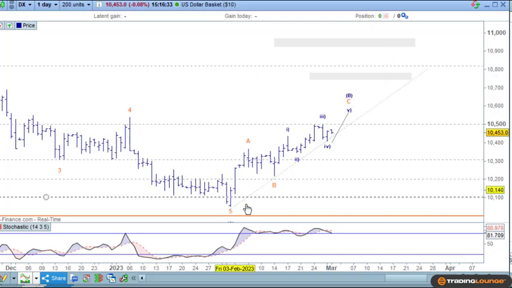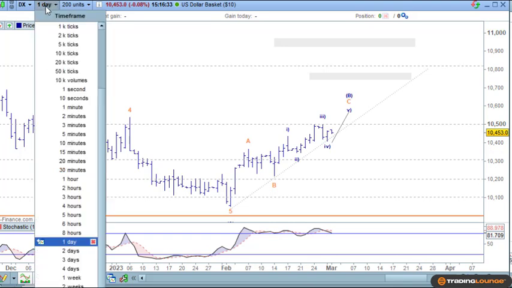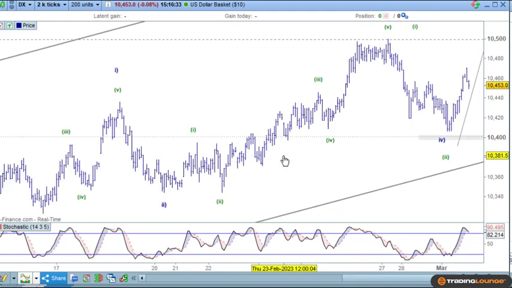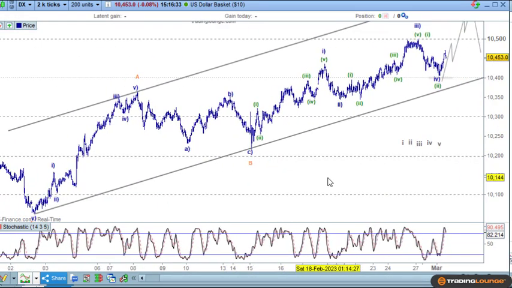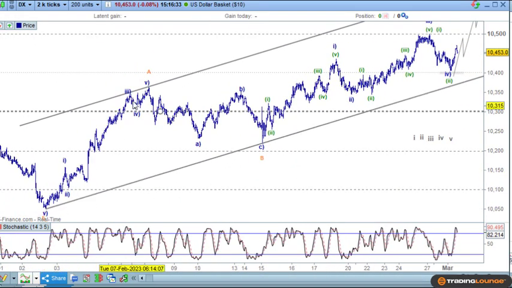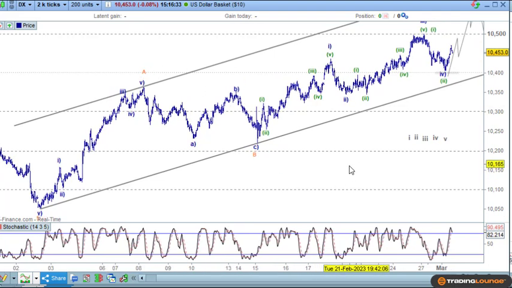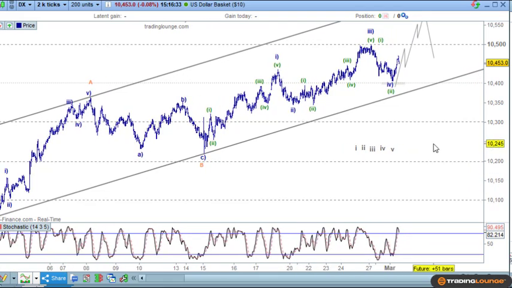Now I just want to go in and talk about this a little bit more, so we're going to go from here to the intraday here, and just shoot the breeze over this a little bit. So we've got the low here, we've got the A wave, the B wave here, and that suits quite nicely with the Australian dollar and the euro and all of those sorts of things.